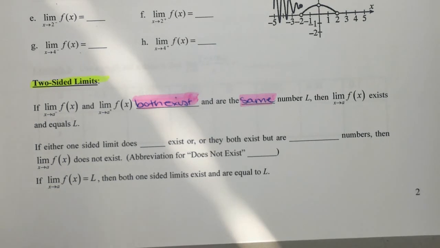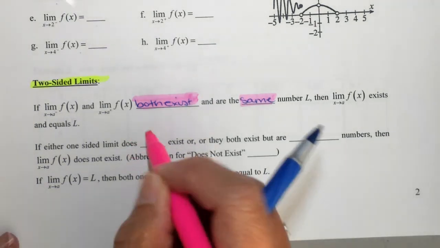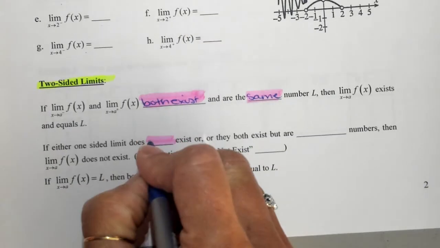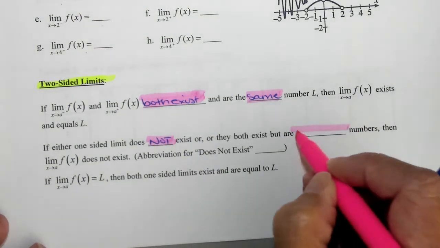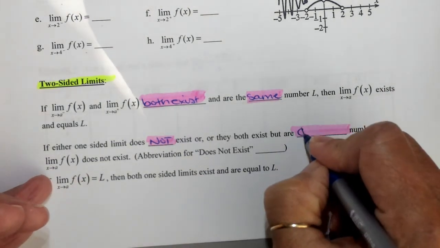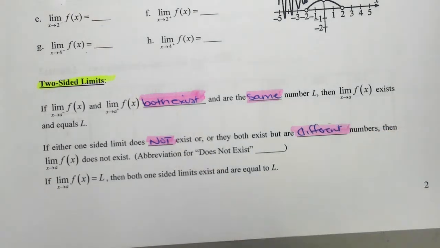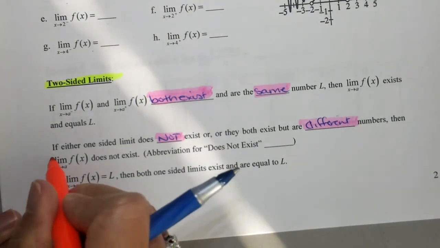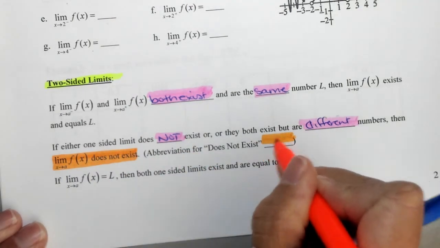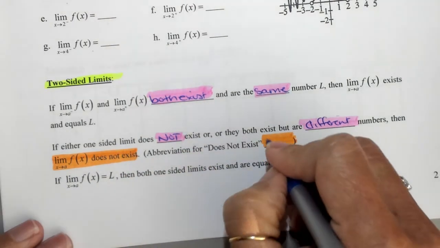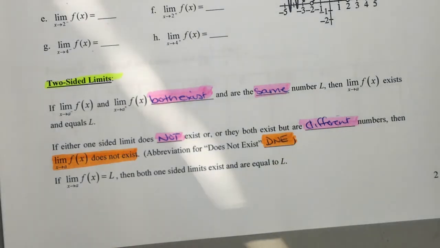So if either one-sided limit does not exist, meaning you're saying DNE, or they do both exist, but they are different numbers, then the limit overall of f of x as x approaches a does not exist, and we will use the following notation for this, DNE. DNE and undefined are not necessarily the same thing, because the one-sided limits can exist.